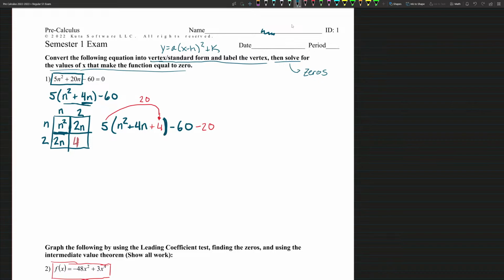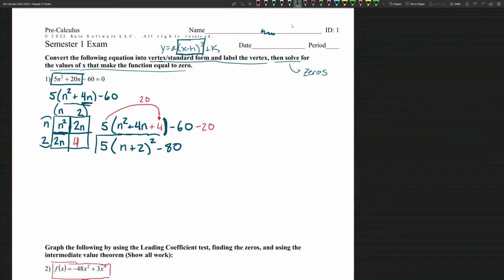Now, in order to get this to look like standard form, we need to factor a little bit to make it look like that x minus h squared. So we have the 5 on the outside. This set of parentheses factored, that's just the length and the width of this box. That's part of the reason we do it. So that's n plus 2 times n plus 2, so we have n plus 2 squared. And then minus 80.